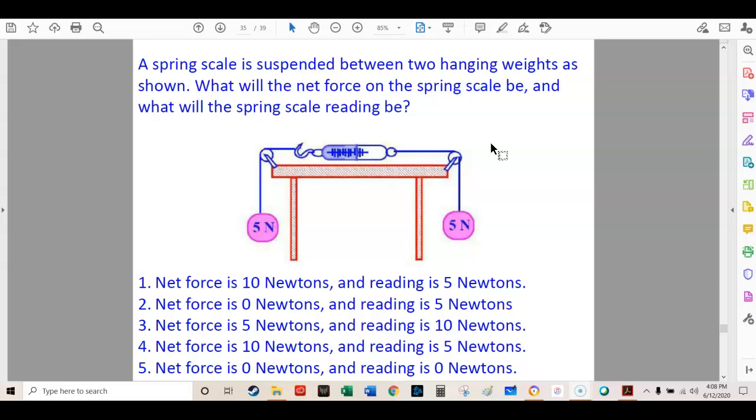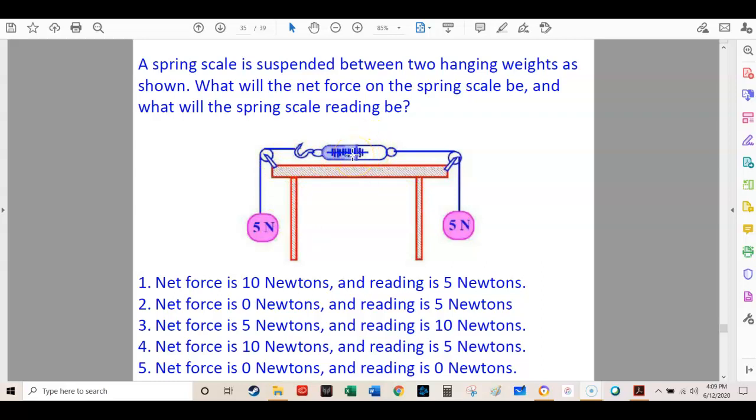So you have a spring scale right here, and it's held in place by a 5 Newton weight, and then you have another 5 Newton weight hung over the other side of this pulley system. What is going to be the overall force working on this spring scale, and what would the spring scale be reading?